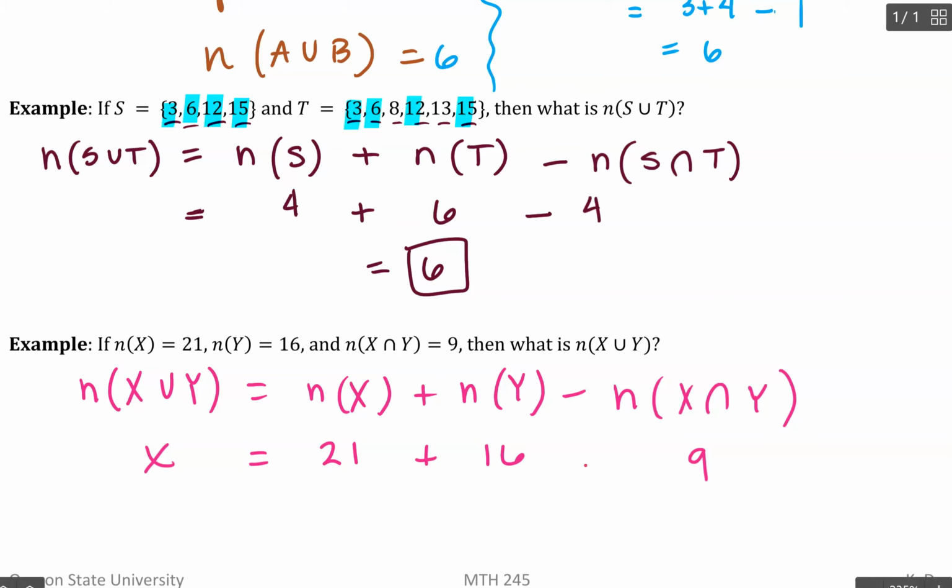And here we add and we subtract. So X is equal to 21 plus 16 minus 9. So 21 plus 16, let's see, that's 37 minus 9. So X is equal to 28, which X was the number of elements in X union Y.